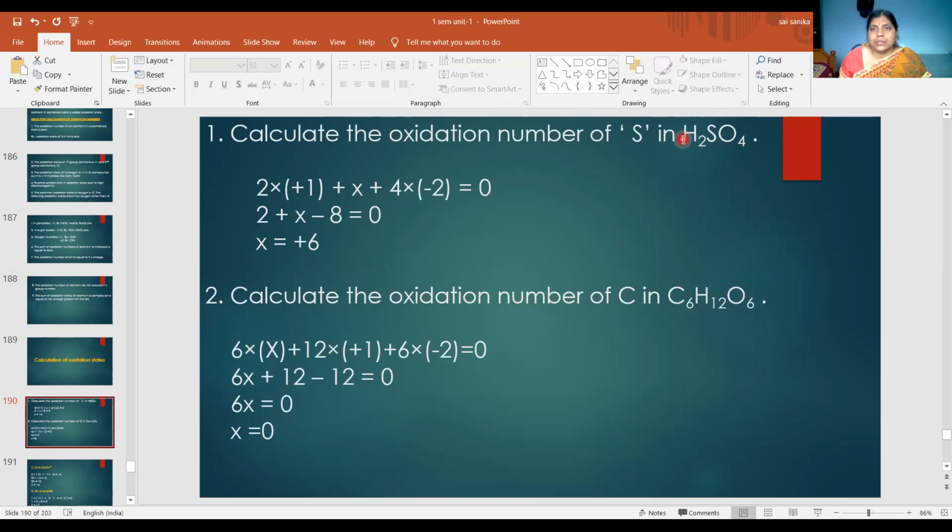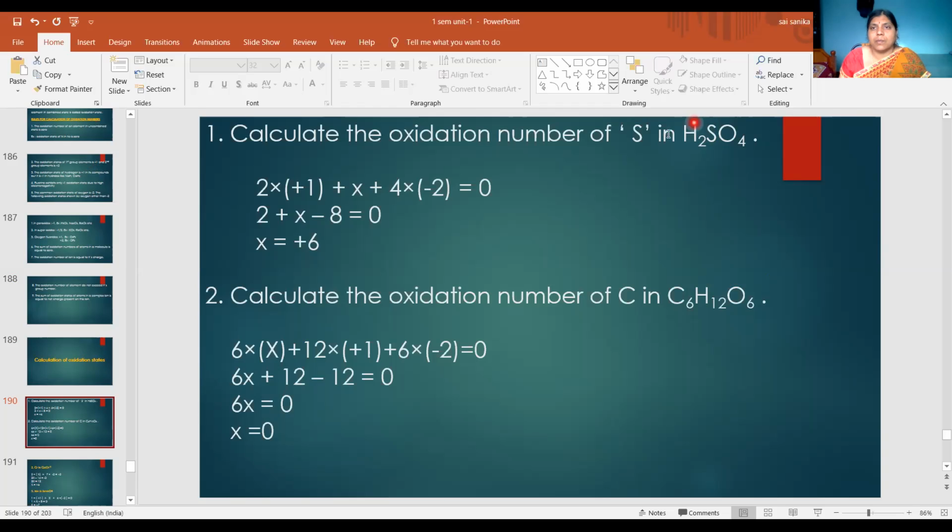That means you should know the oxidation state of H and O, then only you can calculate the oxidation state of S. You don't know the oxidation state of S, so let us take it as X. The common oxidation states of hydrogen and oxygen we studied while learning the rules.